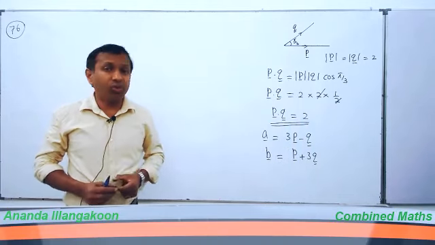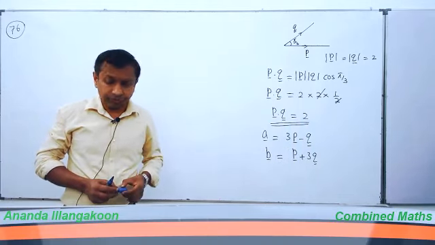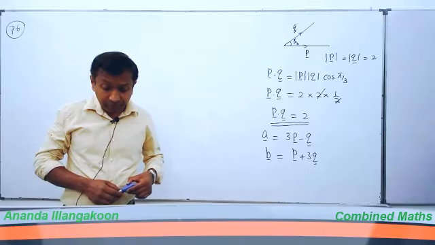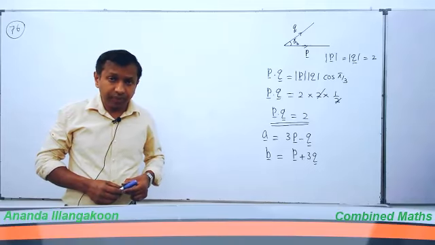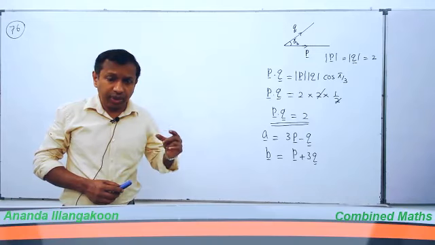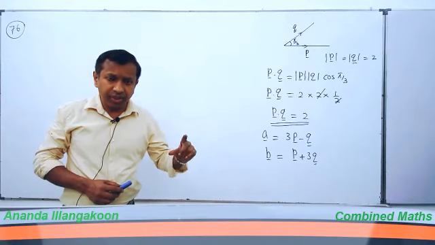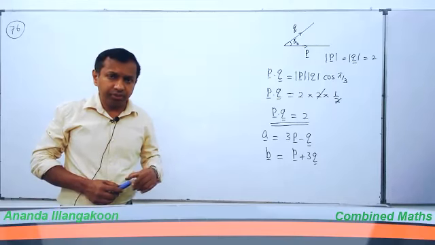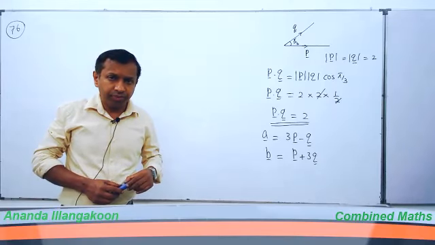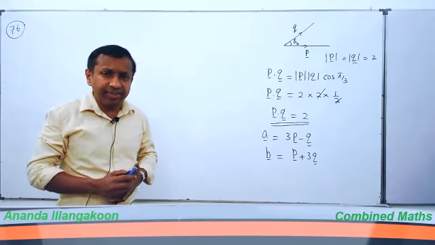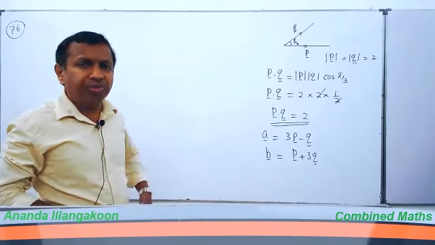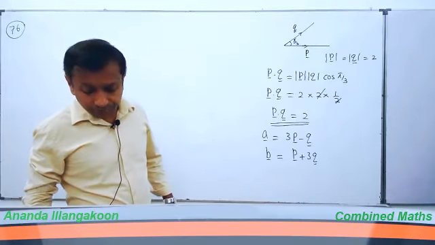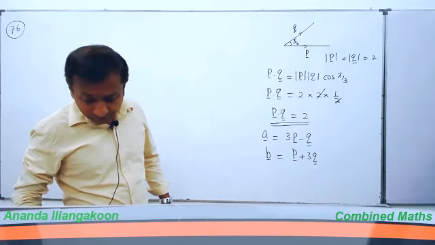For the vector B also there is a line segment, no? Then the line segment representing vector A, the line segment representing vector B, taking them as the adjacent sides, a parallelogram is constructed. Okay? That's what it says.